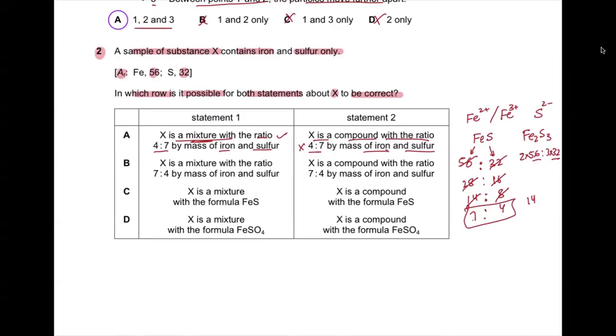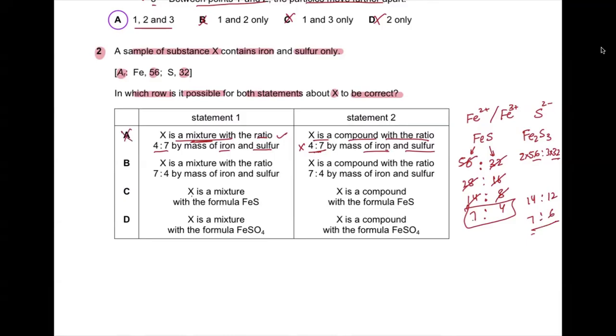So 2 times 7 is 14 and 3 times 4 is 12. Further simplifying, it is going to be 7 and 6. So it is also 7:6, and that is wrong. So statement 2 is wrong. So A goes wrong.